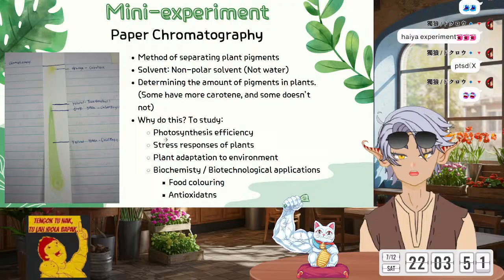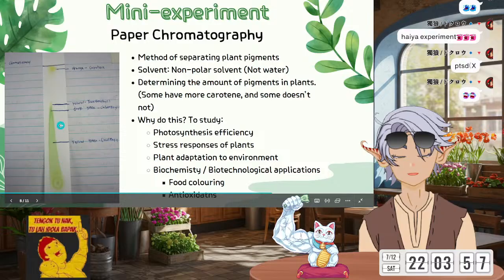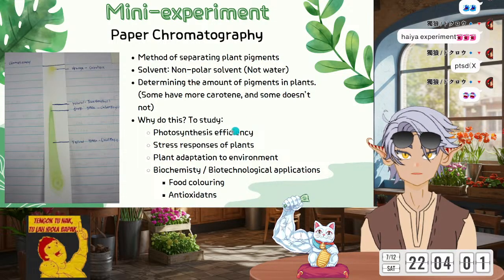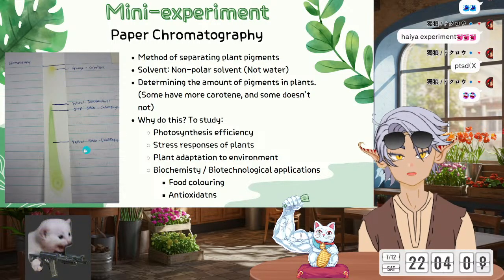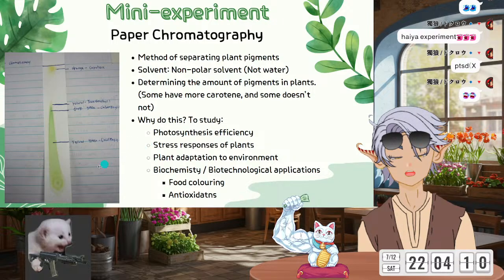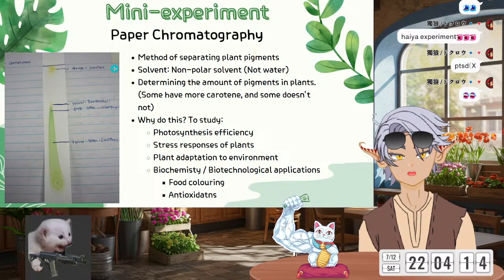It will oxidize and you get a very fade, very dim one. You cannot see the color anymore. Based on the result I searched, not my handwriting, the pigments are here: you have carotene, xanthophyll, chlorophyll.